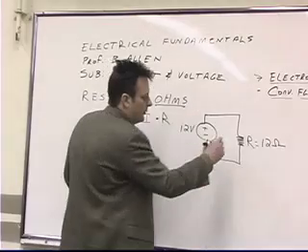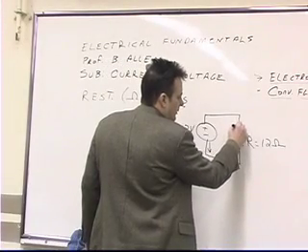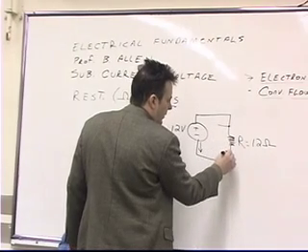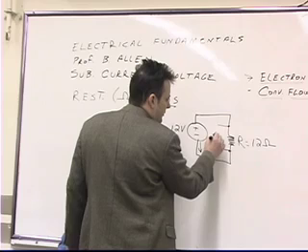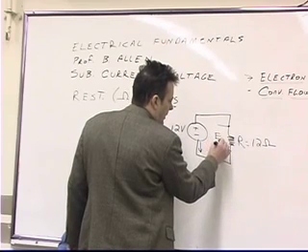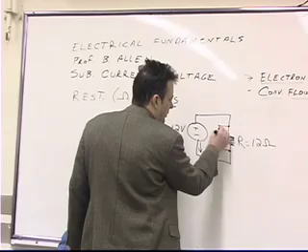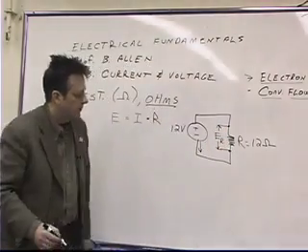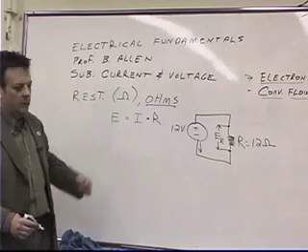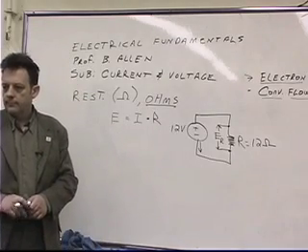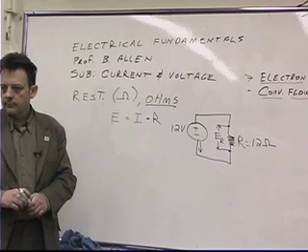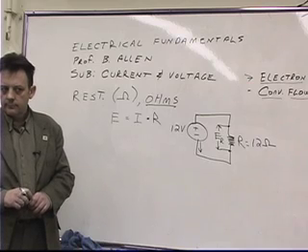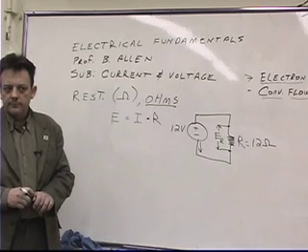In other words, if we took a digital multimeter or a voltmeter and we hooked it up right there, and we wanted to know what the voltage drop was going to be across that resistor, could we use that formula to figure it out? How would we do that?